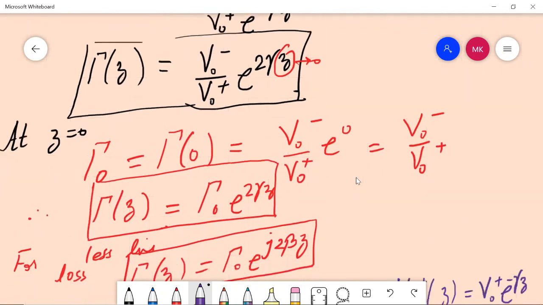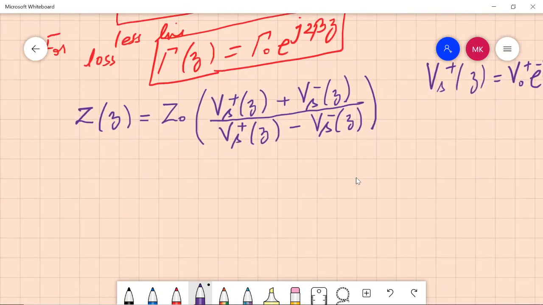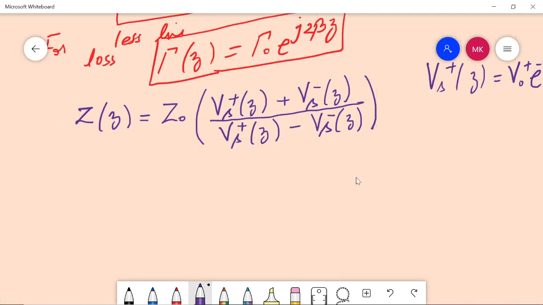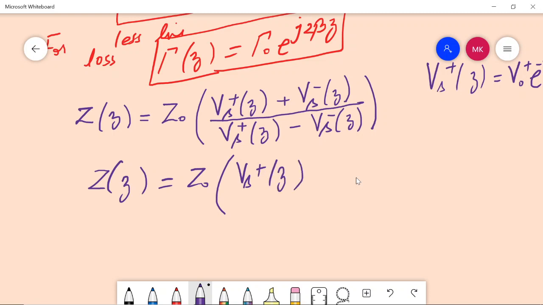So the same pattern, now Z will be written as Z naught times Vs plus z, and this will be just gamma z multiplied with the Vs plus z. This part is how much wave is reflected at point z.